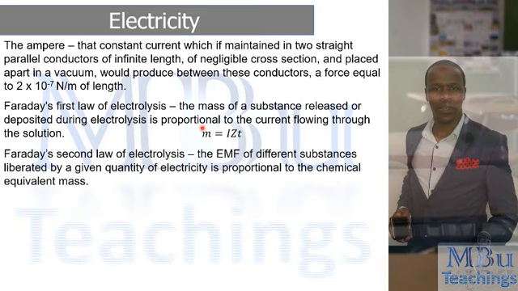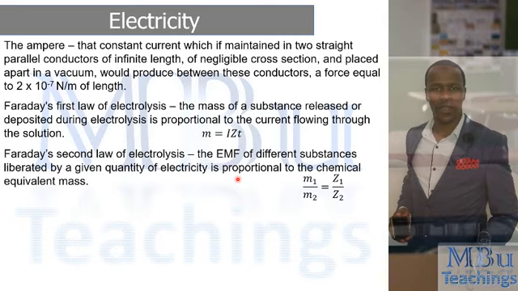Then the second law of electrolysis says the masses of different substances liberated by a given quantity of electricity are proportional to their chemical equivalent mass. And also for this one we do have this formula.